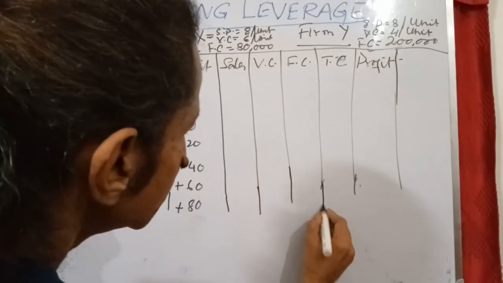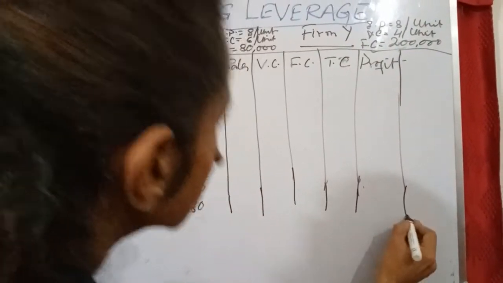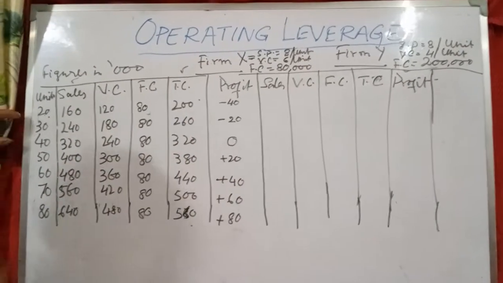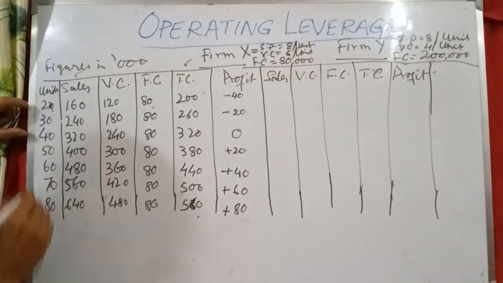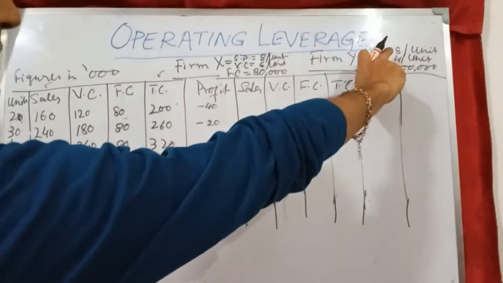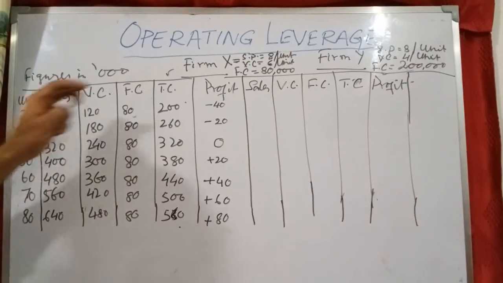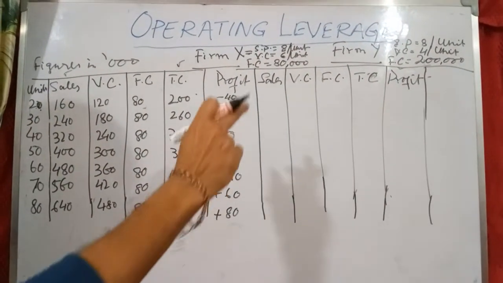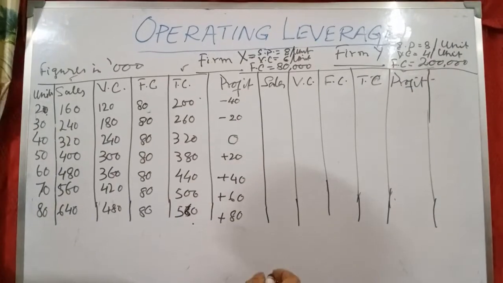Now let's see what is happening in case of firm Y. Units of sales remain same. Sales price remains same. Only there is change in variable cost and fixed cost. So for firm Y, what will be the sales?